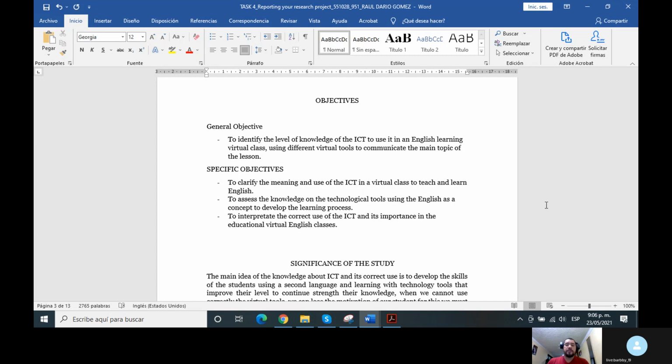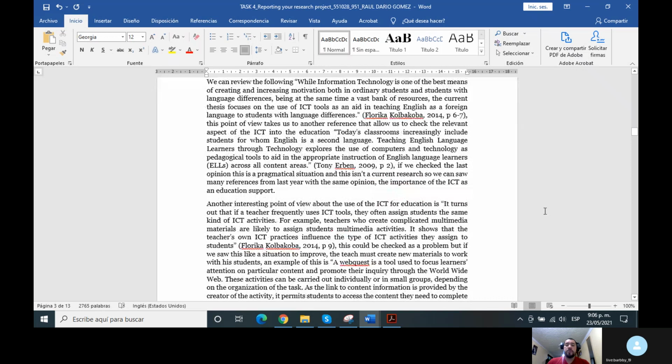And the specific objectives are to clarify the meaning and use of the ICT in a virtual class to teach and learn English, to access the knowledge on the technological tools using English as a concept to develop the learning process, and finally to interpret the correct use of the ICT and its importance in the educational virtual English classes.